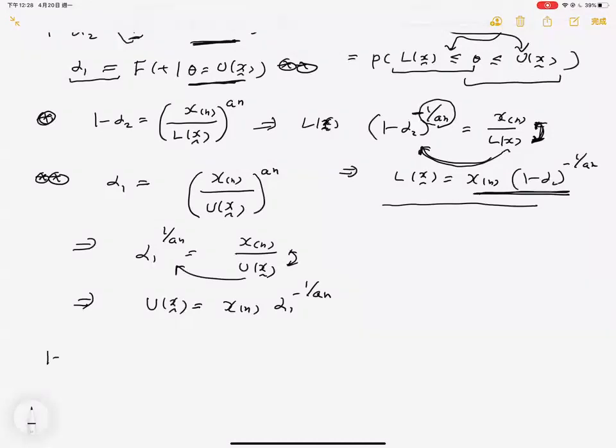Literally you want to write 1 minus alpha, right? Use the probability of the lower bound, then theta, then the upper bound. And then this is A.